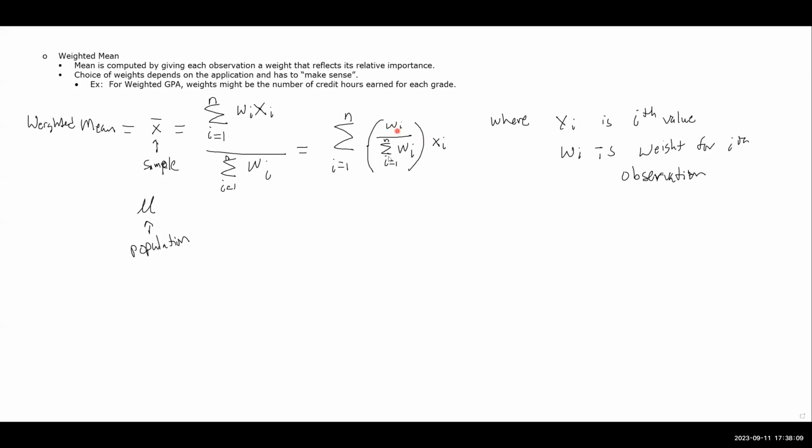Here we're saying, okay, let's take the relative weight. The wi is the ith weight divided by the sum of the weights. So this is how important the ith weight is relative to everybody else's, and multiply that by the ith value, and then you sum them all up. This might sound confusing, but we're going to do it, okay? All right. Let's do an example.